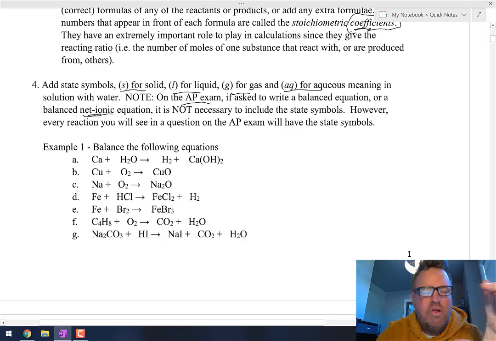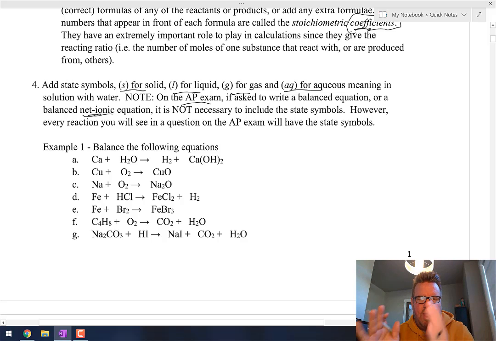But in a chemical reaction, every single atom has to be accounted for, which means the number of atoms on the reactant side has to equal the number of atoms on the product side. Every single atom has to still be there. It's just going to be rearranged a little bit differently, and you have to balance those out.